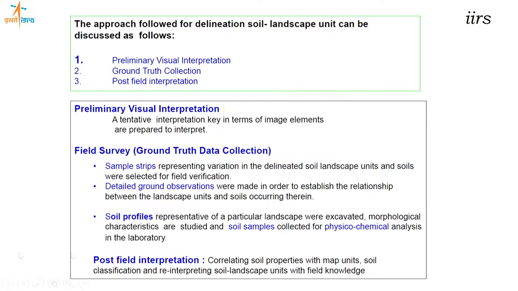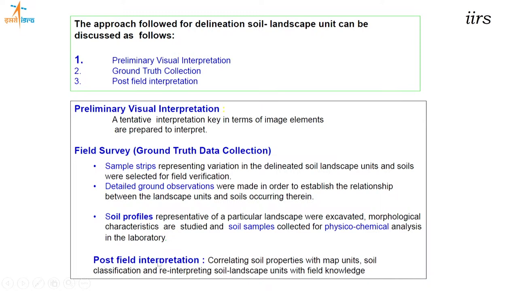So in soil mapping there are three steps. First you do preliminary visual interpretation, then you do the ground truth collection. GT collection means go to the field, collect the soil samples or soil profiles, and third is your post-field interpretation.